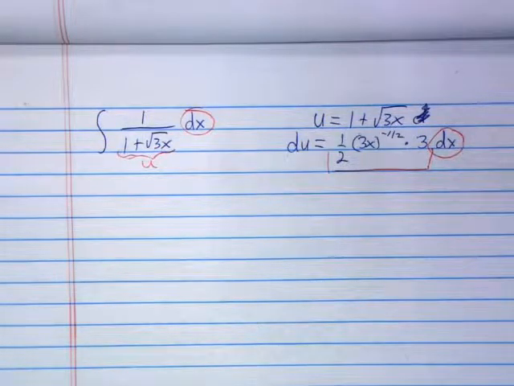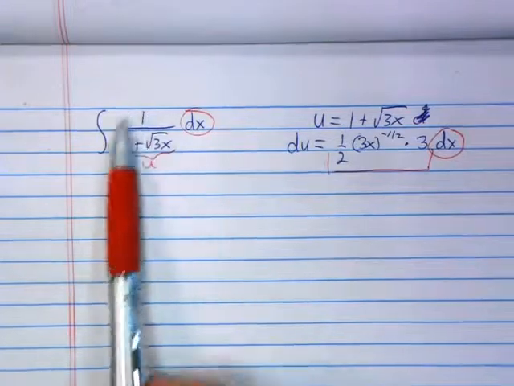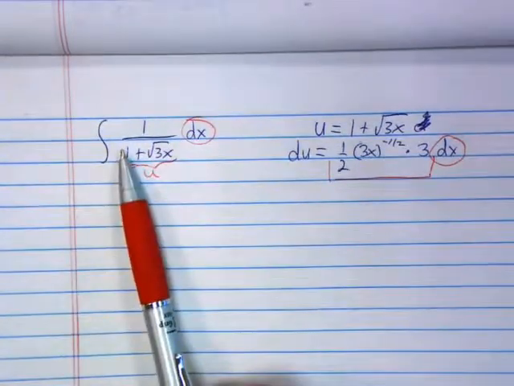What do I do with all that junk? Somehow I'm going to have to change it and make it be 1, or at least u's, correct? Because when I do my u substitution, everything inside here has to be u's.